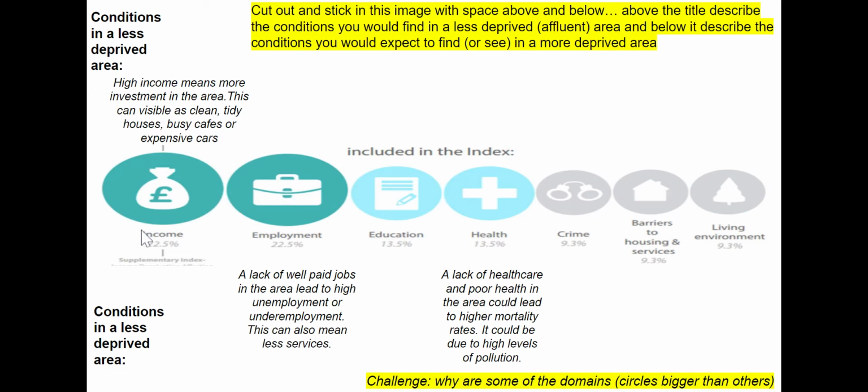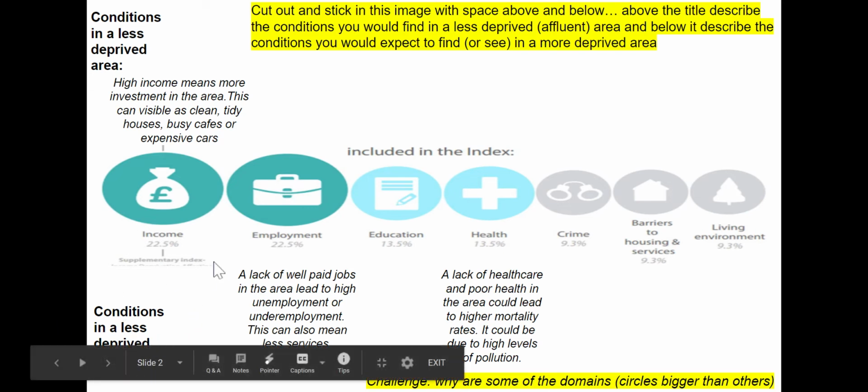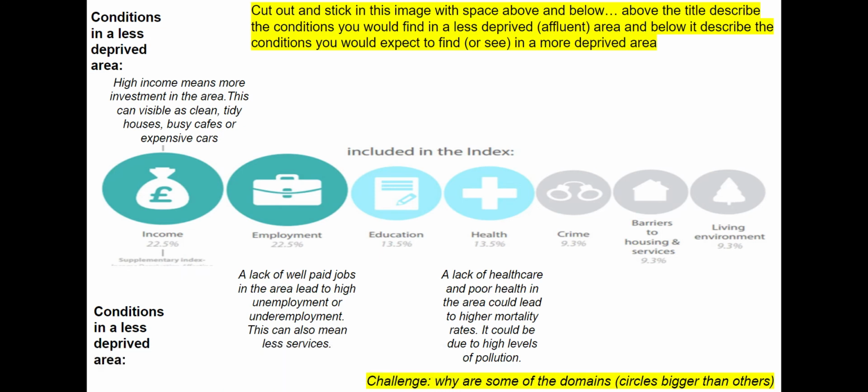Whereas in a more deprived area, we might find less tidy lawns. We might find evidence that the houses need painting or repair, so broken windows, broken bricks or gates. These are areas that generally are going to have low income.